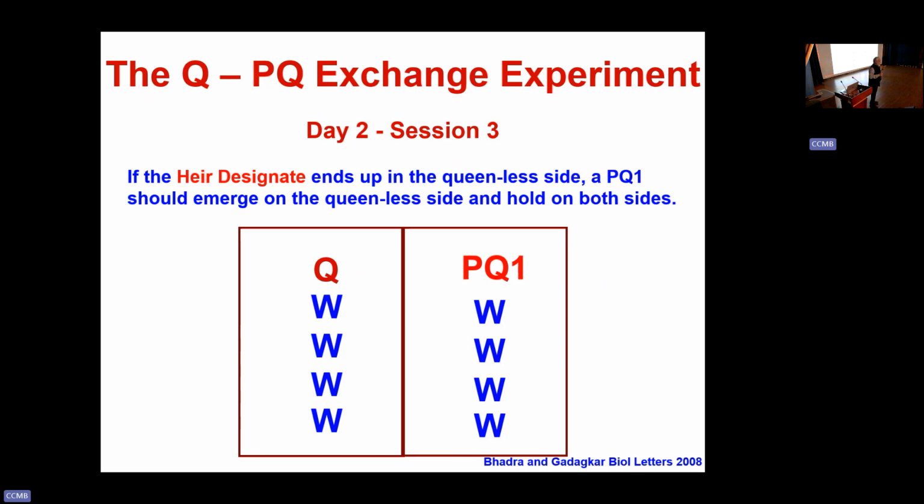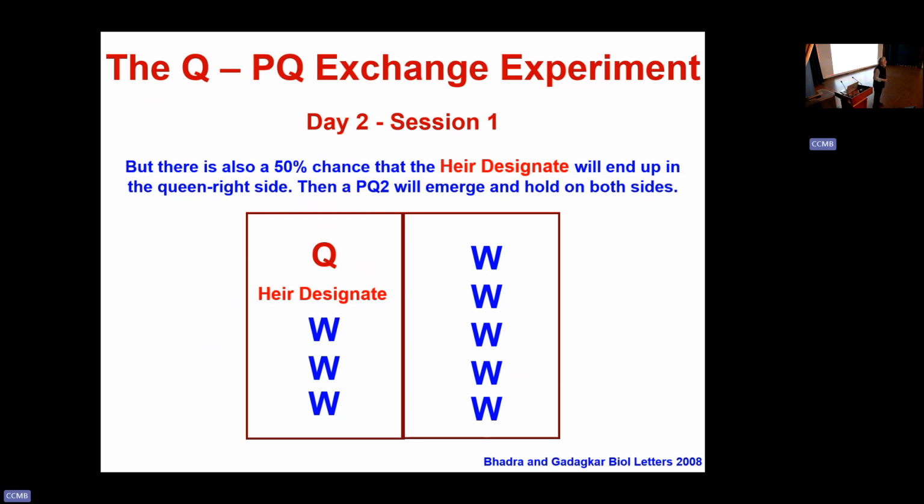However, such a nice turn of events can only happen in about half the experiments, because by chance alone, in the other half of the experiments, the unfortunate hair designate is sitting next to the queen and she cannot do anything. Now, what would you expect would happen? Here there is no hair designate, no queen, but perhaps the best individual here will become the next potential queen.